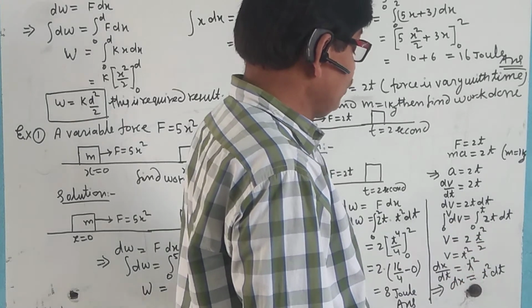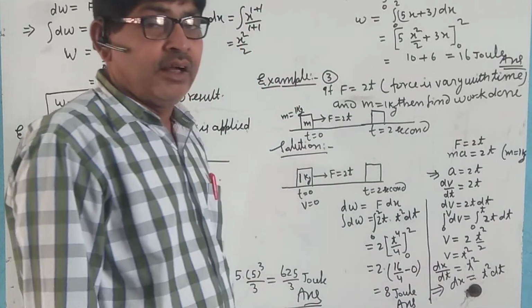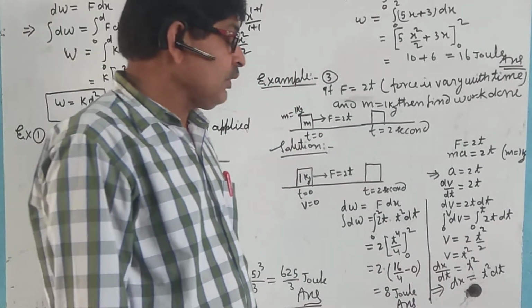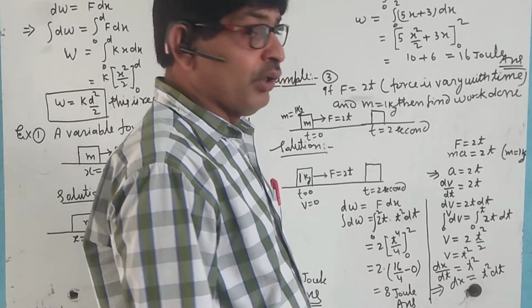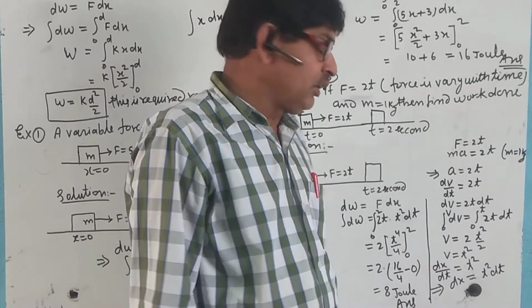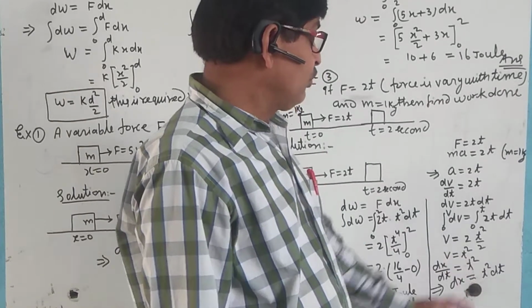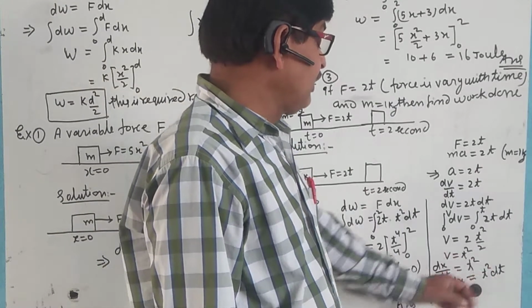The 2 cancels, so that v is equal to t square. As you know, the rate of change of displacement is known as velocity, so v can be written as dx by dt, in this case equal to t square, so that dx is equal to t square dt.